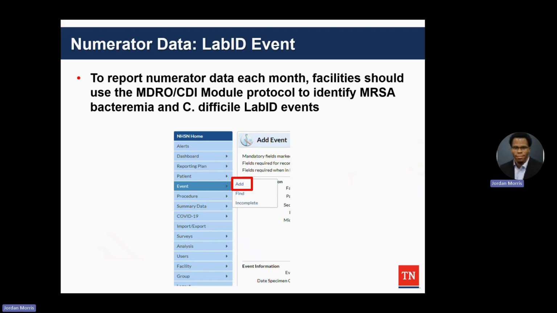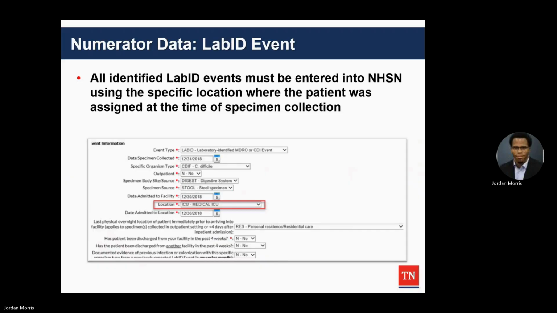You would go to Event, Add Event, which is all on the NHSN website once you log into the NHSN site. And then you would go to All Identified, and you would be able to look at the LabID event after clicking on Event from the previous slide.